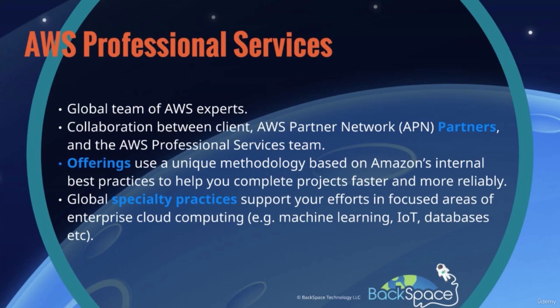The professional services can provide experts in a specific area of AWS, and they have global specialty practices that can support your efforts in focused areas of enterprise cloud computing. For example, you might want to obtain the services of a machine learning expert or an Internet of Things or a specific database expert, and AWS Professional Services can make that happen for you.